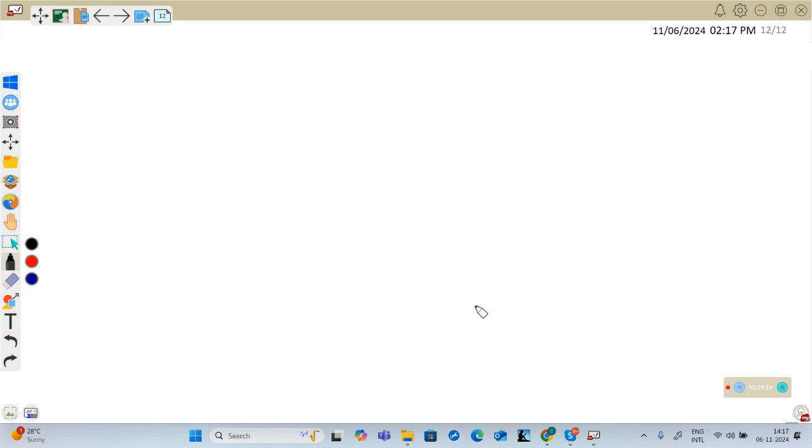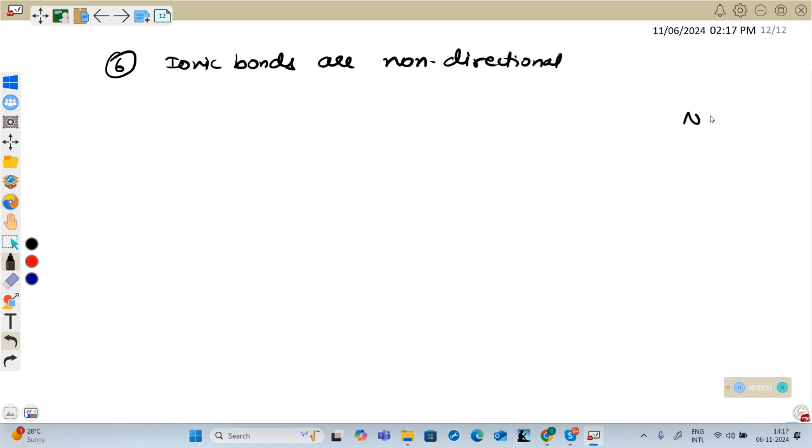Please remember, ionic bonds are non-directional. Covalent bonds are directional, but ionic bonds are non-directional. Non-directional means the two ions can attract each other in all possible directions in 3 dimensions.